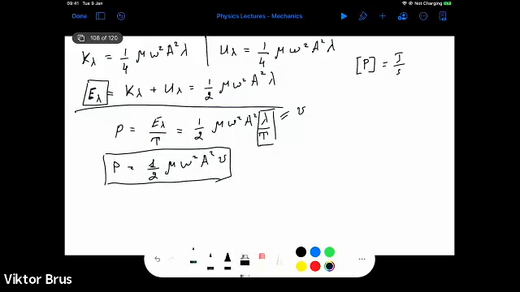What is important here is that this power increases linearly with the speed of wave propagation through the string, and it increases as the second power of omega and amplitude, like frequency and amplitude value of this oscillation.